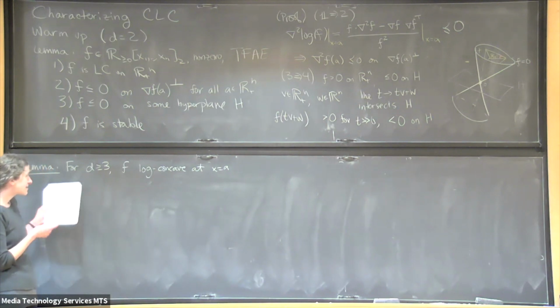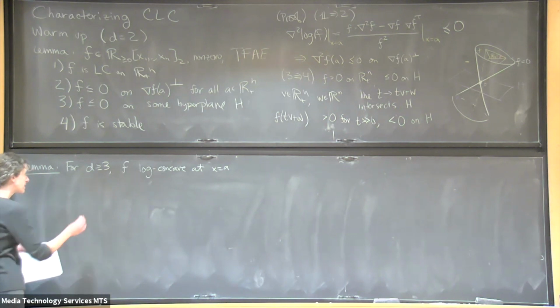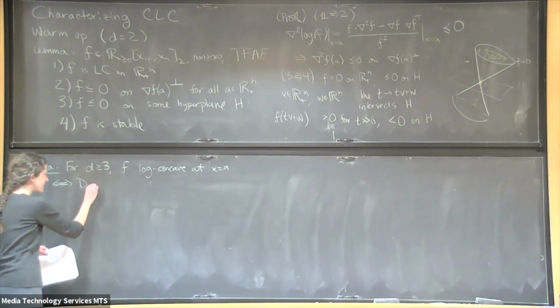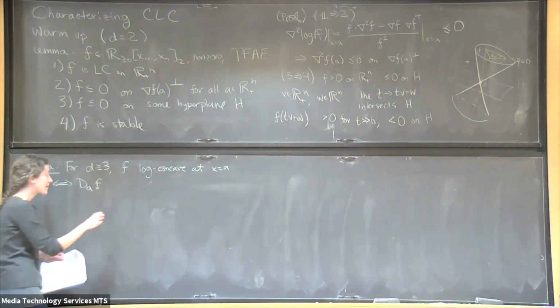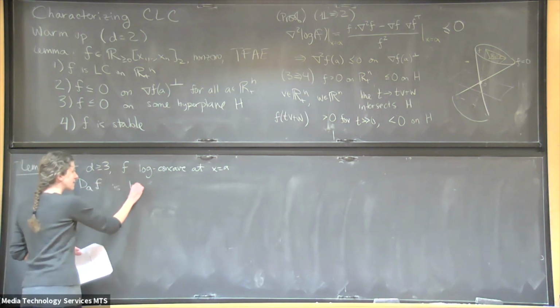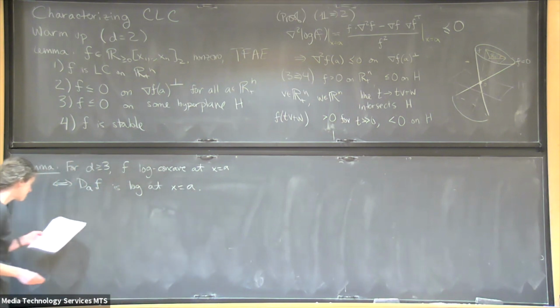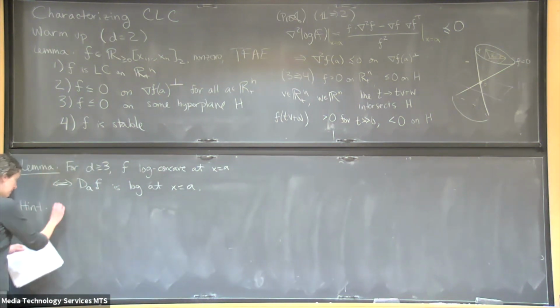So in some sense, being log-concave at some point is the same as the directional derivative with respect to that vector being log-concave at that point. I'm not going to prove this, but it basically follows from Euler.